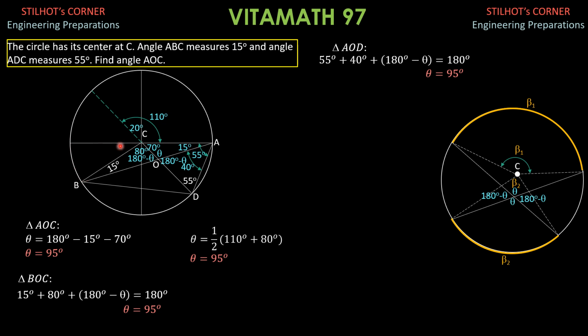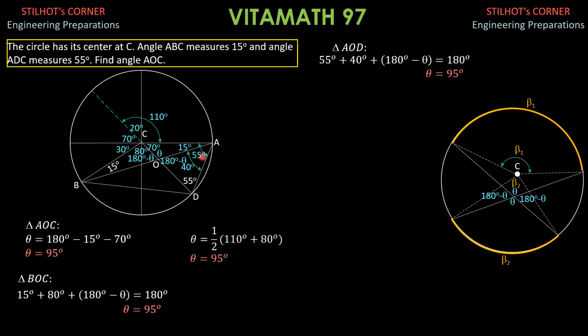Therefore, this angle here is 2 times 15 degrees, 30 degrees. Another way of computing that this is 30 degrees is 180 degrees minus 70 degrees minus 80 degrees. So that's 70 degrees equal to this, and this angle is 30 degrees.